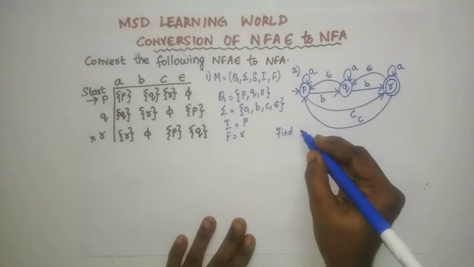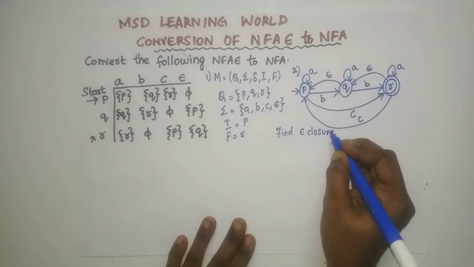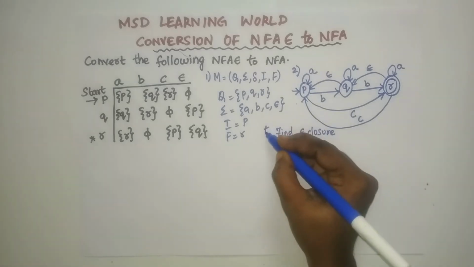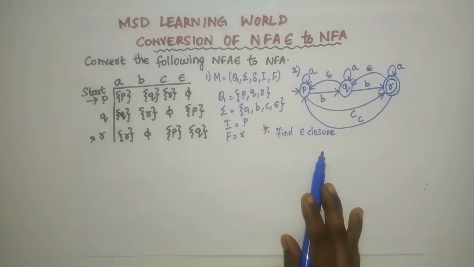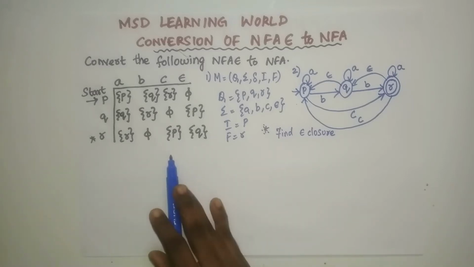For eliminating the non-deterministic property, you start finding the new states. For eliminating the epsilon transition, we have to find the epsilon closure so that the epsilon transition will be completely removed.